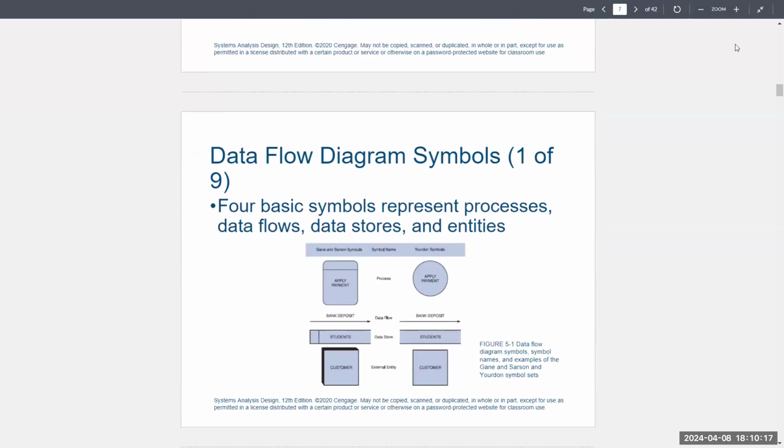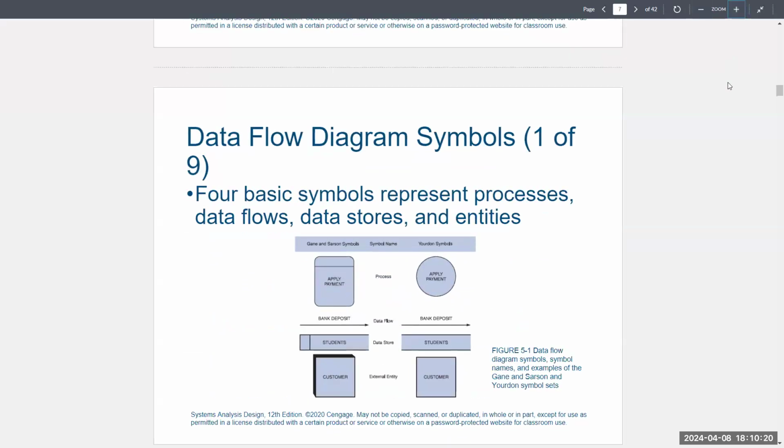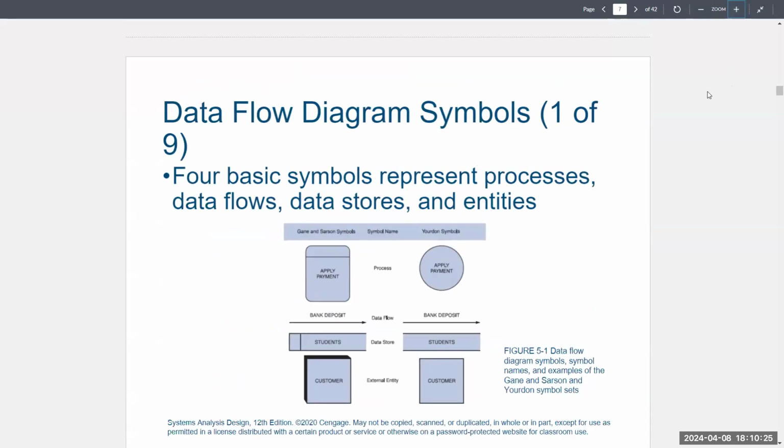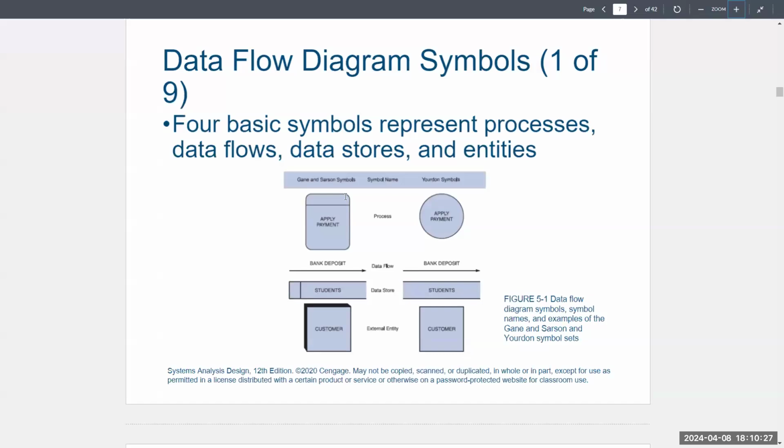Symbol-wise, let's zoom in a little bit. Okay, that's better. Here are 4 different symbols that represent process, data flow, data store, and entity. Depending on the choice of the analyst, they could be using the Gane and Sarson symbols, or they can be using the Yourdon symbols.